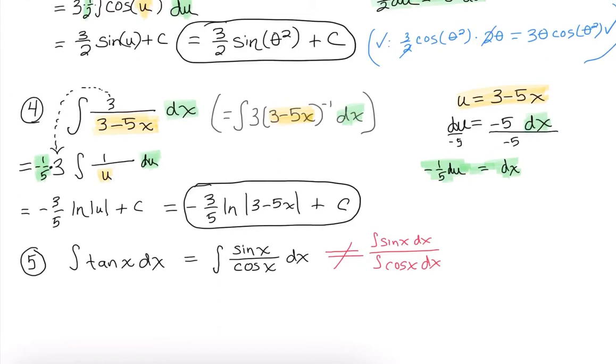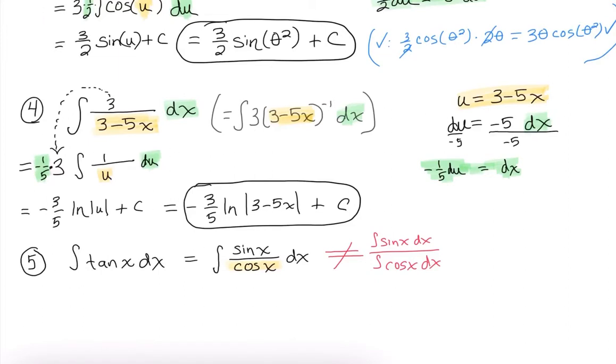All right, so what do we have now? Now I have a situation that looks a bit like number 4, in the sense that I don't see an obvious, quote-unquote, inside function, but what I do see is something that has a denominator. I don't see anything raised to a power, I don't see anything inside of a trig function that's more than just an x. But what I do see is a denominator.